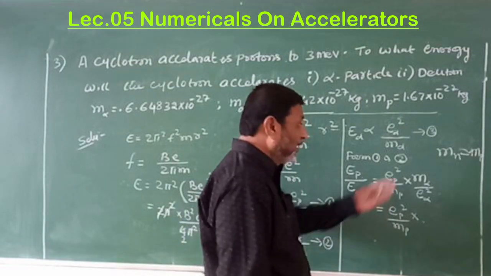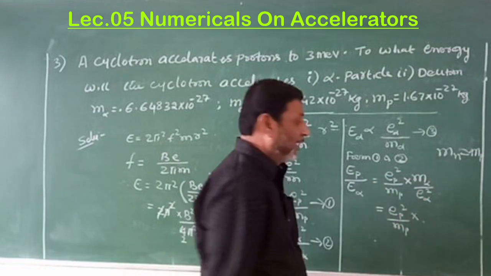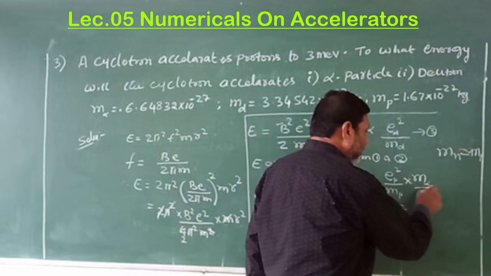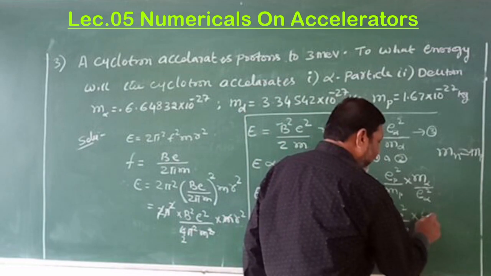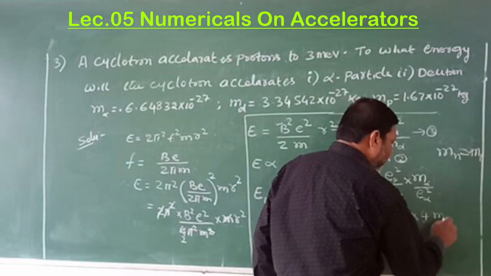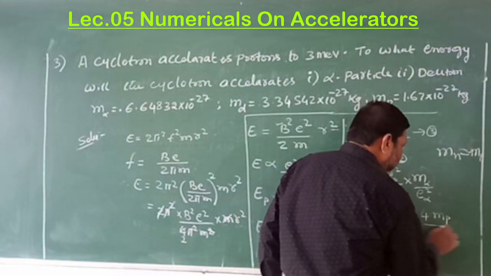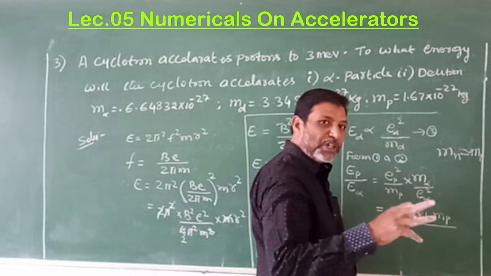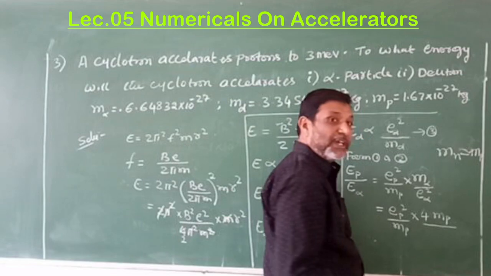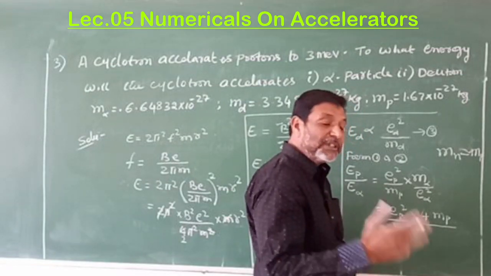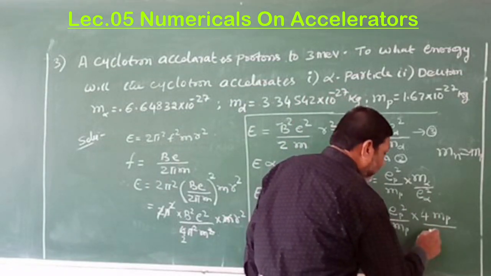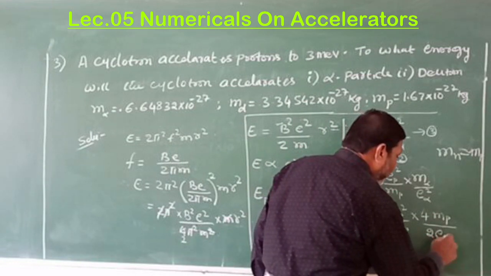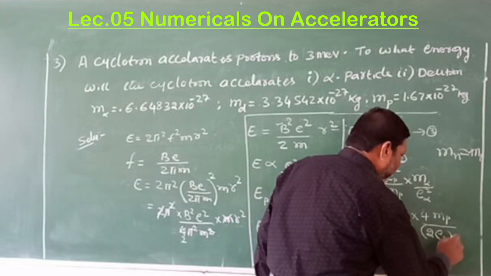Then, instead of the mass of the alpha particle, I can write 4 times the mass of the proton. The alpha particle has 2 protons, hence the charge of the alpha particle is equal to 2 times the charge of the proton. Therefore, I can write this as 2 into EP square.